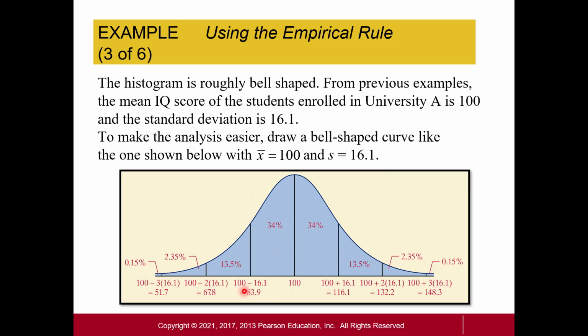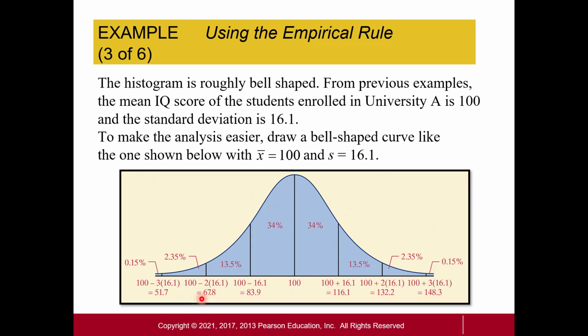So we take our standard deviation and we just subtract it from the mean. So 100 minus 16.1. So we get 83.9 on the lower end. And we say 100 plus 16.1, and we get 116.1 on the higher end. So 68% of the IQ scores are between 83.9 and 116.1.